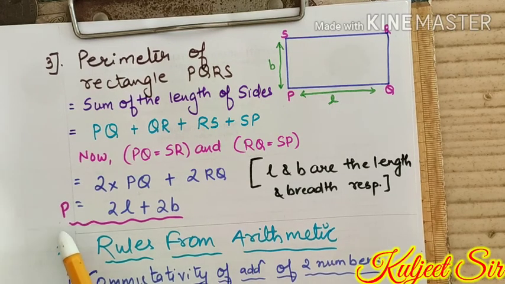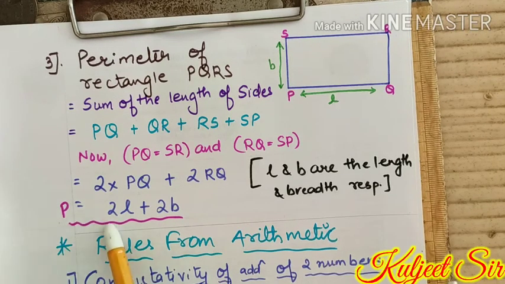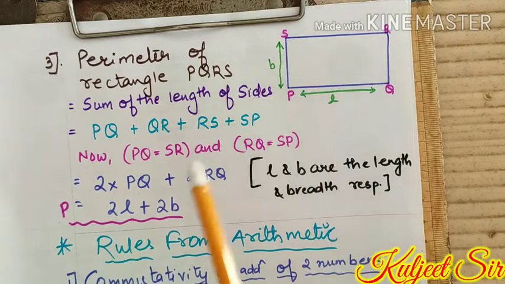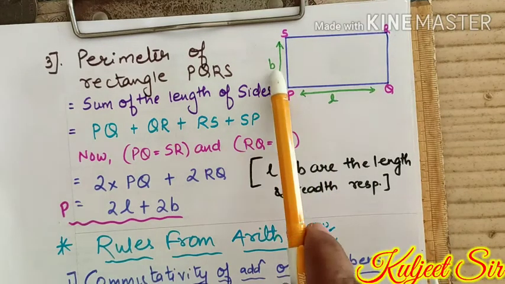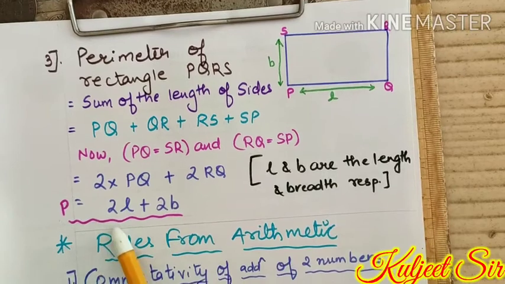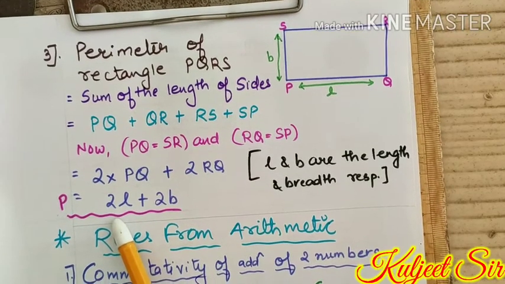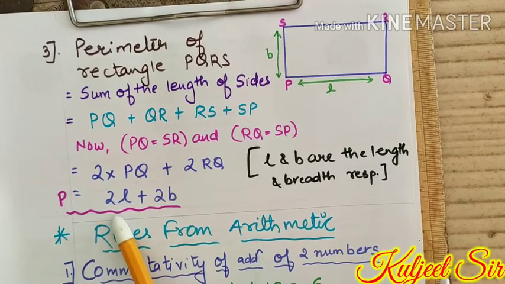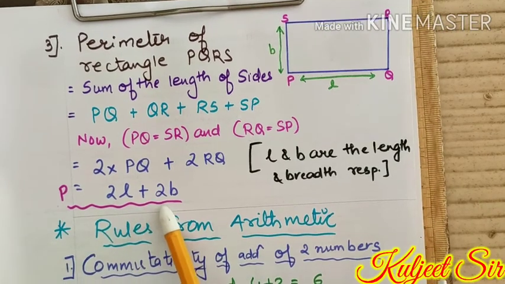So I get the perimeter of the rectangle: 2 times the length plus 2 times the breadth. The formula to find out the perimeter of a rectangle is 2L plus 2B.